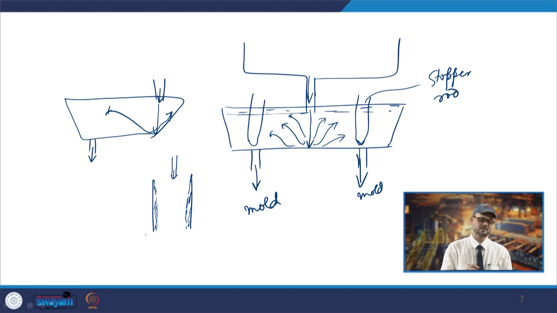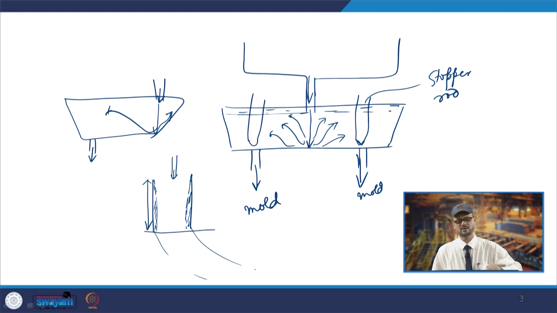Now, the thing is, what should be the height of this mold? It has to be at such a place as to ensure that a skin of certain thickness is frozen, because it has to further come and move on the rollers, and finally it has to be in the horizontal direction.